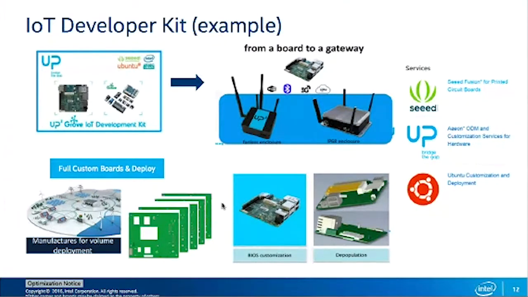We've got Ubuntu Canonical that's doing the OS customization. We are also bringing together other service providers who do BIOS customization, etc. So at the end of the day, when you're thinking of doing a prototype using this kit, we will give you a clear path on how you can take that kit to mass production.